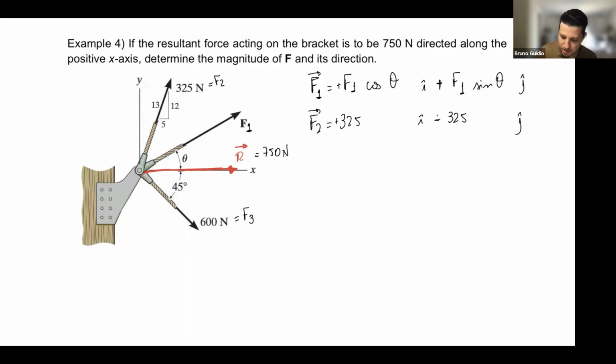Positive, positive. Now its direction, well, wait a minute. Where is the angle of this force? What is this angle? Alpha. What the heck is this one here? What's happening here?